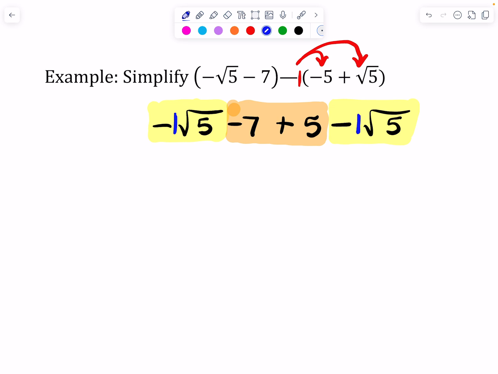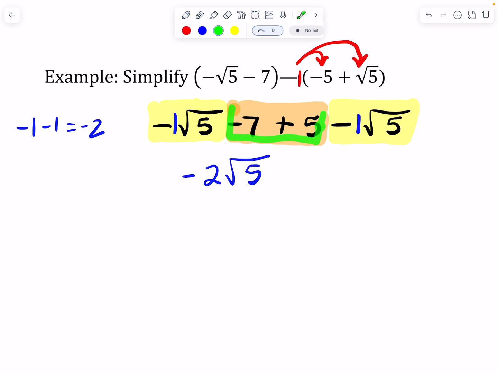So we're really doing -1 minus 1, which equals -2 square roots of 5. And then we have -7 plus 5, which gives us -2.